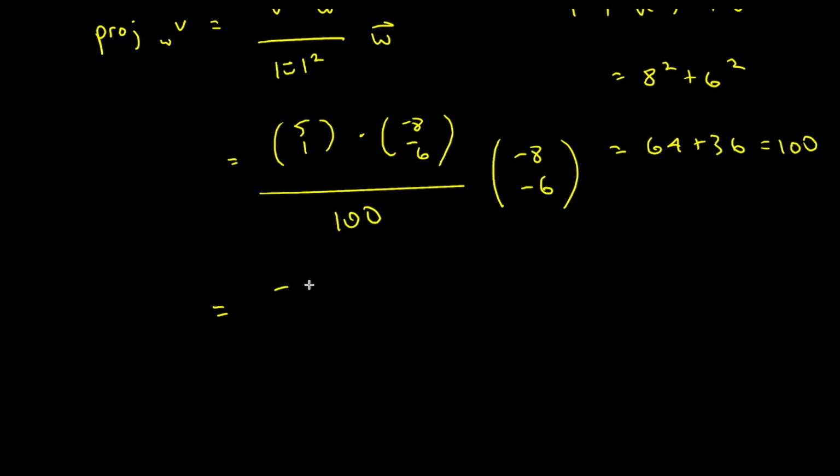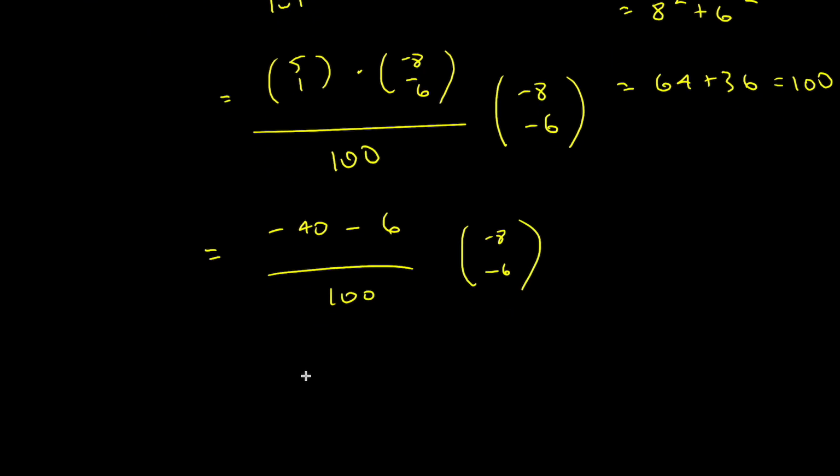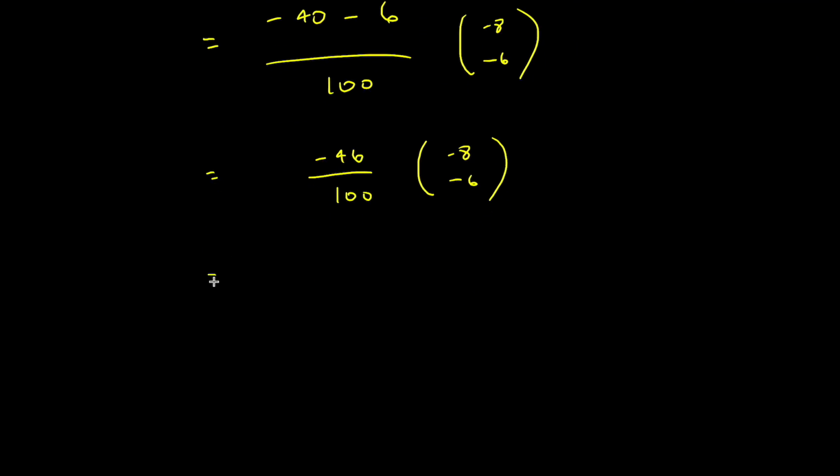Doing the dot product, we have negative 40 minus 6 over 100 times negative 8, negative 6, which is equal to negative 46 over 100 times negative 8, negative 6. We can simplify this to be negative 23 over 50, still times negative 8, negative 6.